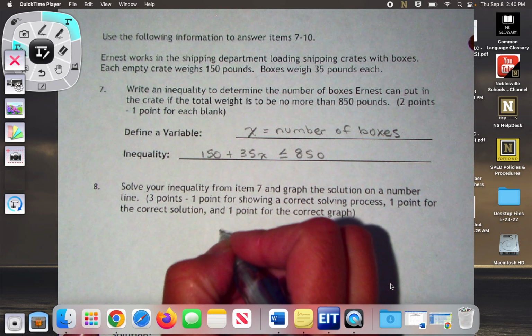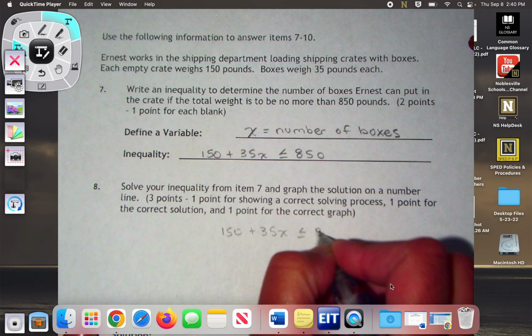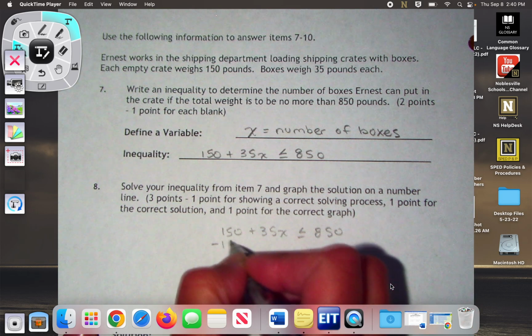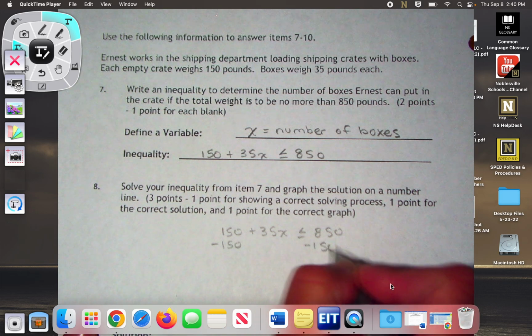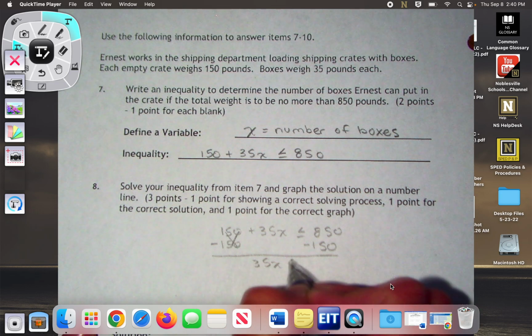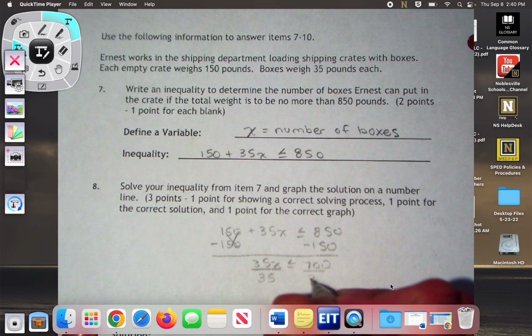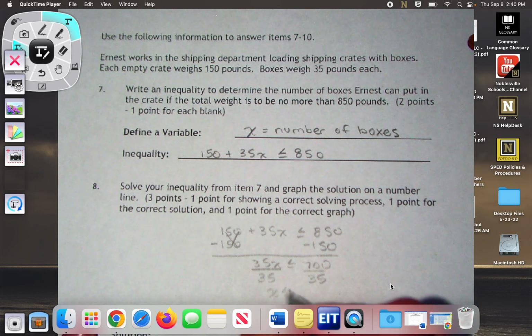So when I solve this, I'm going to subtract 150 from both sides. 35x is less than or equal to 700. Divide by 35. X is less than or equal to 20.